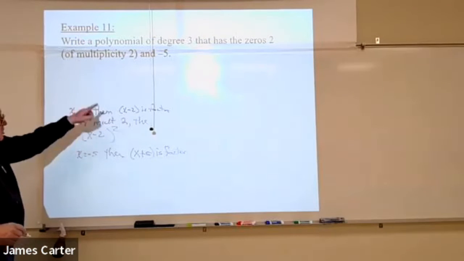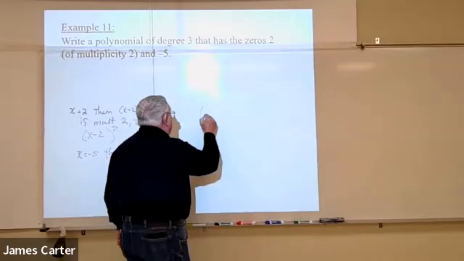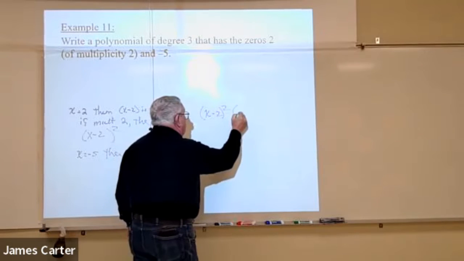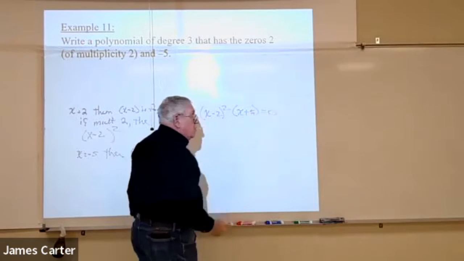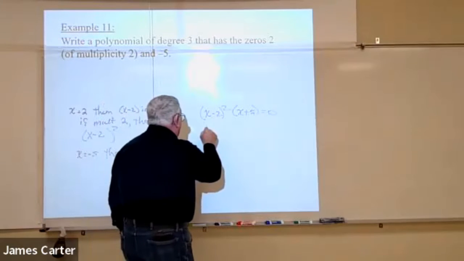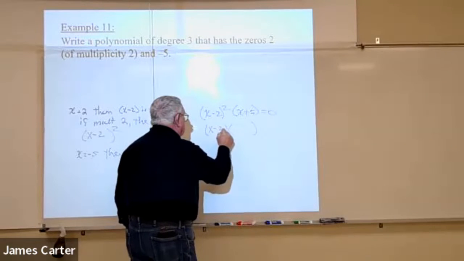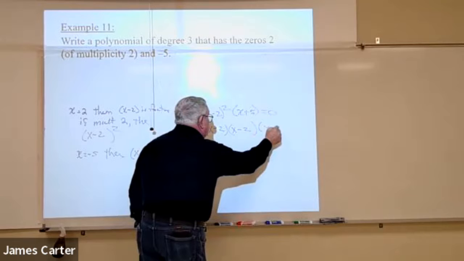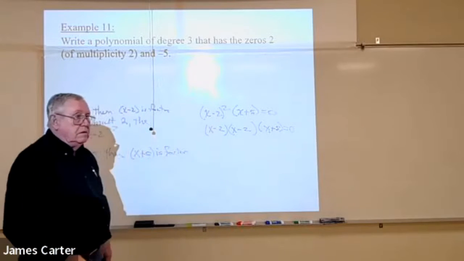Now, the implications of all of this is that we've got x minus 2 squared times x plus 5 equals 0. Or another way of looking at this is x minus 2 times x minus 2 times x plus 5 equals 0.